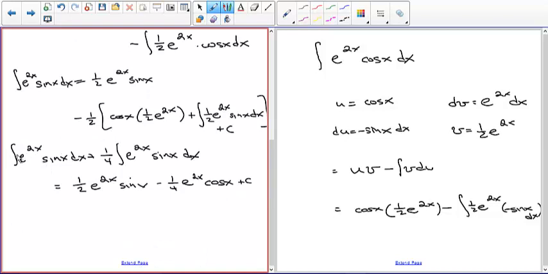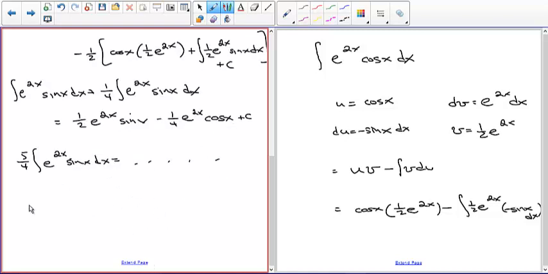So you can see 1 times this integral plus 1/4 times this integral is 5/4 times this integral. So you get 5/4 the integral of e to the 2x sine x dx is equal to the right-hand side. And so for the final answer, you multiply by the reciprocal.